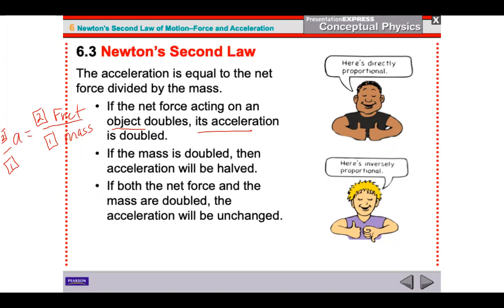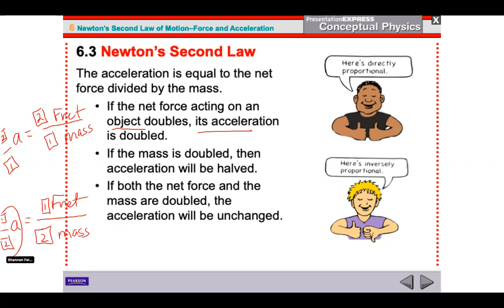If the mass is doubled, the acceleration will be halved. We can see that with these boxes as well, with this proportional reasoning. The net force is being held constant, but the mass is being doubled. So the change in acceleration will be 1 times as much net force over 2 times as much mass.